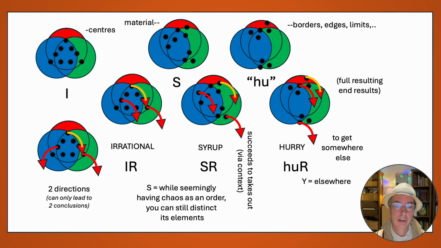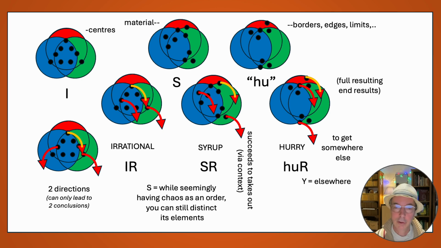Then you have here SR, and I also know words, "syrup". So you have the material, and you can distinguish material, how it more or less hangs together. With syrup, you take something out, and you can recognize the logic if you know what it is about. The points that you see there are in the zone of the material, so they are about the material. You see it somewhat hangs together.